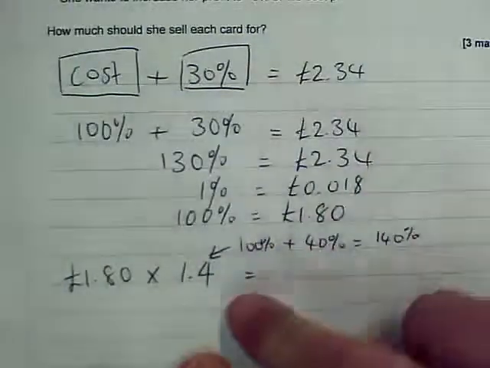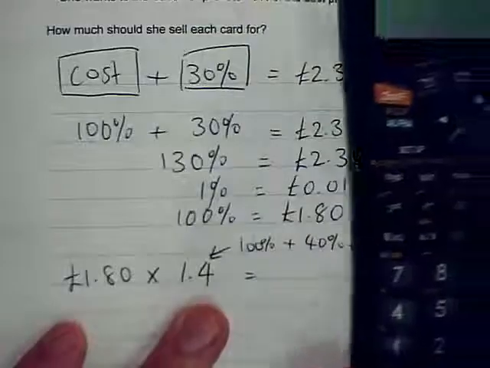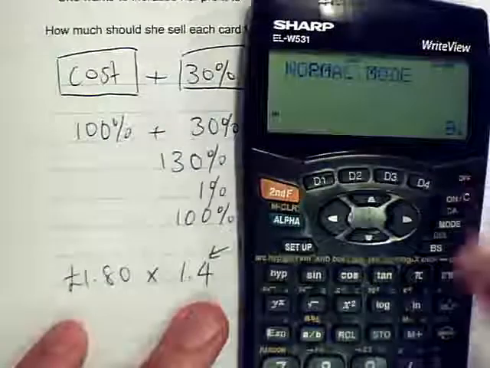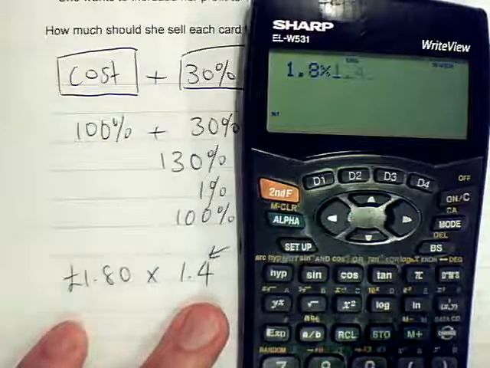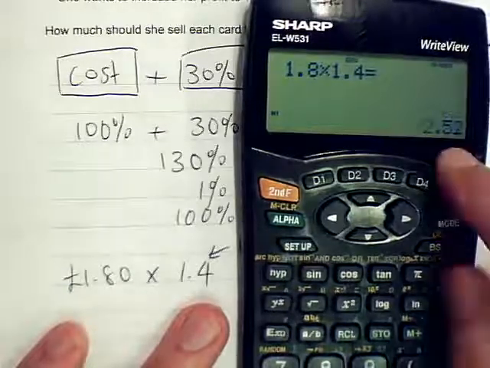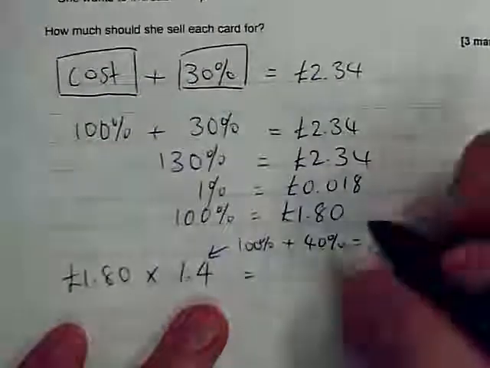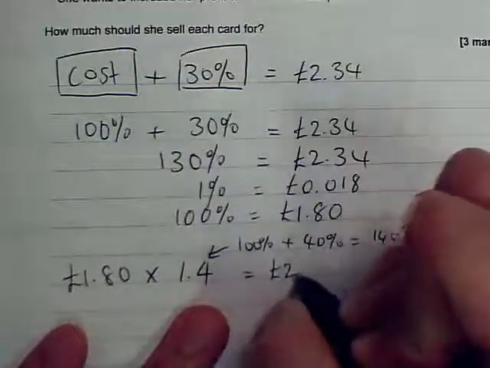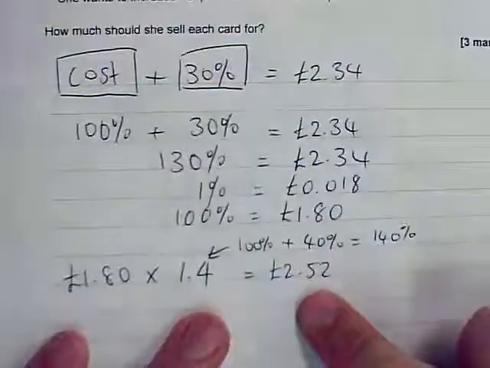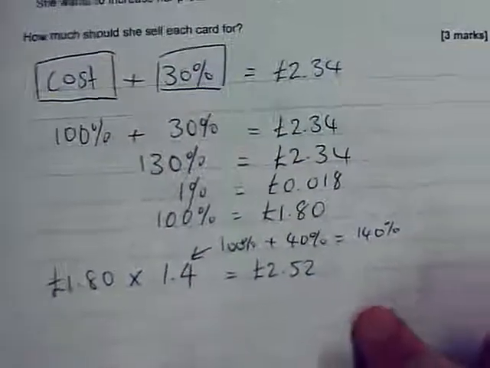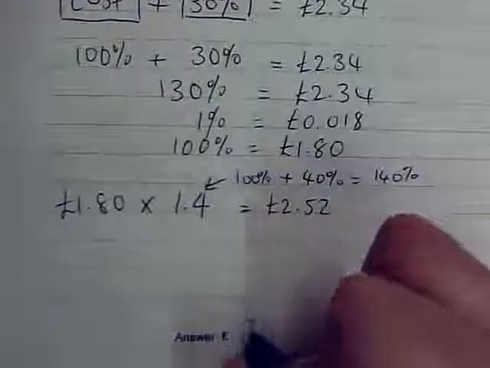If you're confident with percentages, you don't really need to worry about that. So £1.80 times 1.4 gives me £2.52. So that must be the price that Sophie has to sell the cards for in order to give her the 40% profit rather than 30.